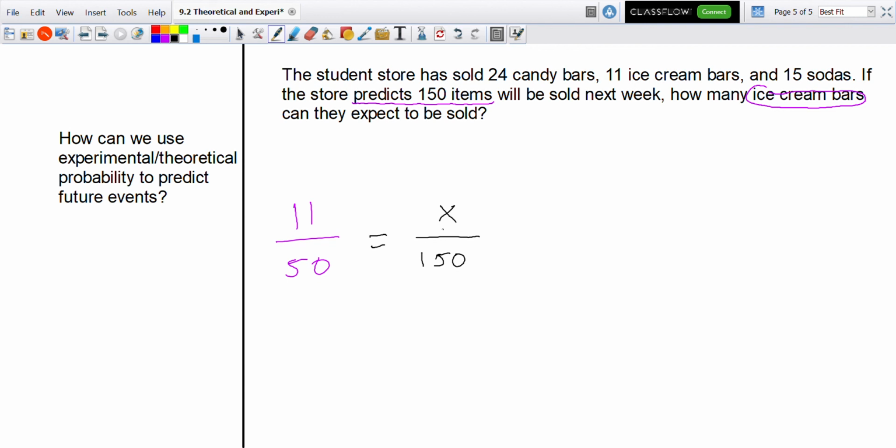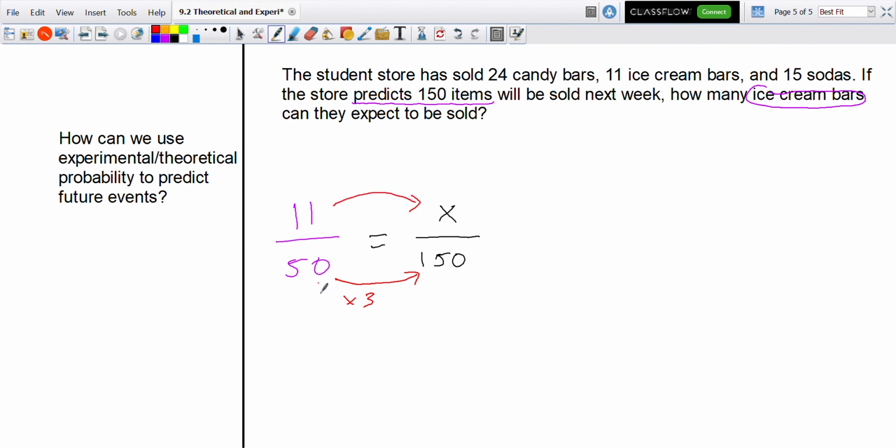Okay, and one way that we could solve this one here would be to, a few of you guys may have noticed this, to get from 50 to 150, I could just multiply by 3. 50 times 3 is 150.